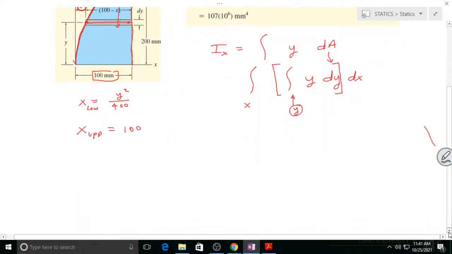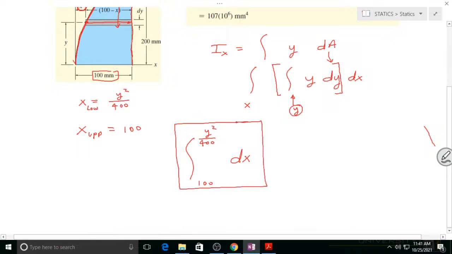So if I went out here and put an integral of 100 and y squared over 400, and then I recognize something interesting. This is my dx. So in effect, since this is a function of y, I have to exchange these.